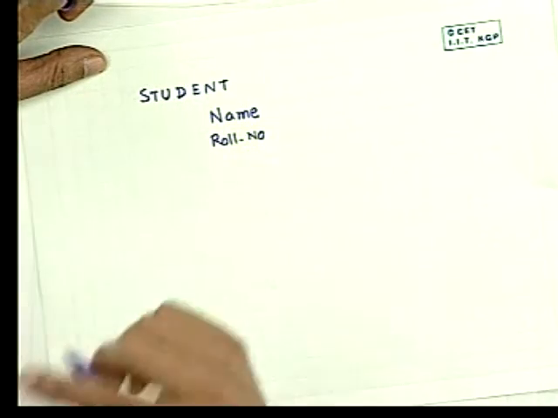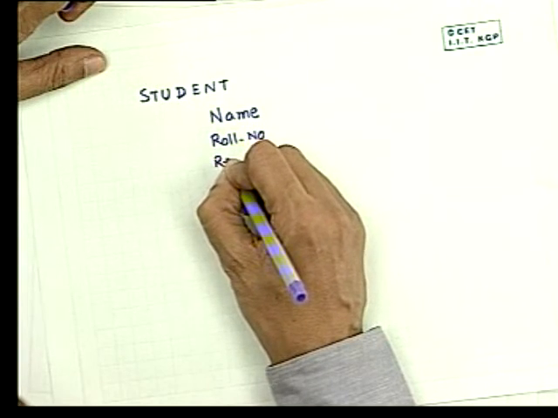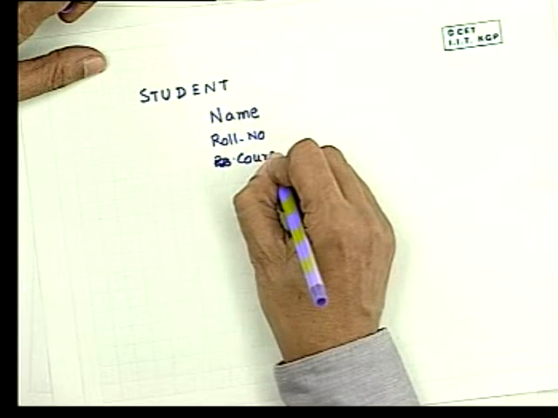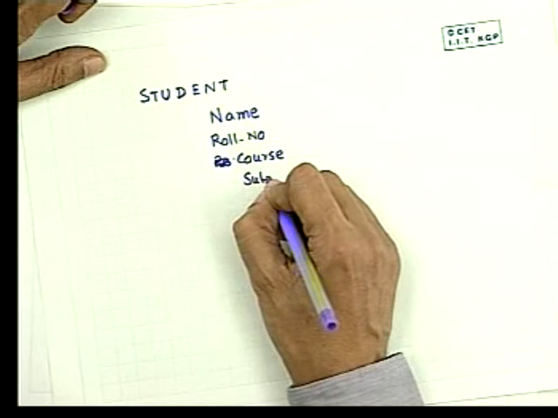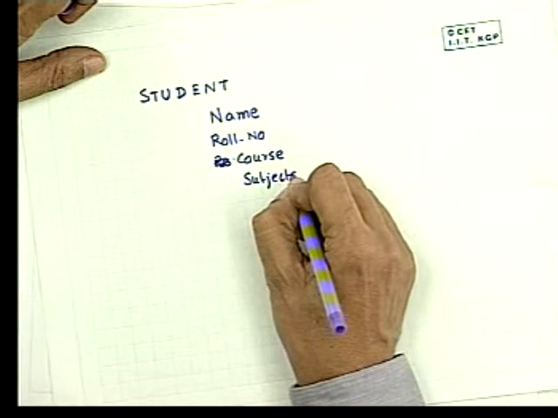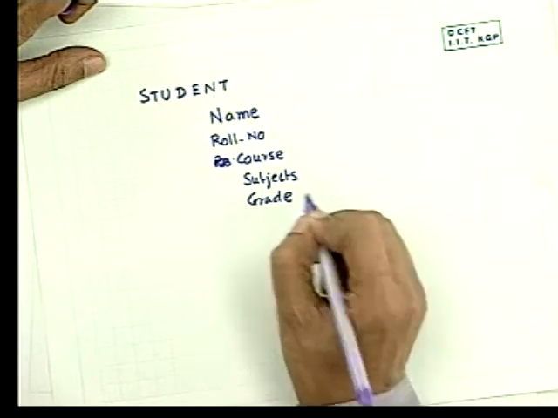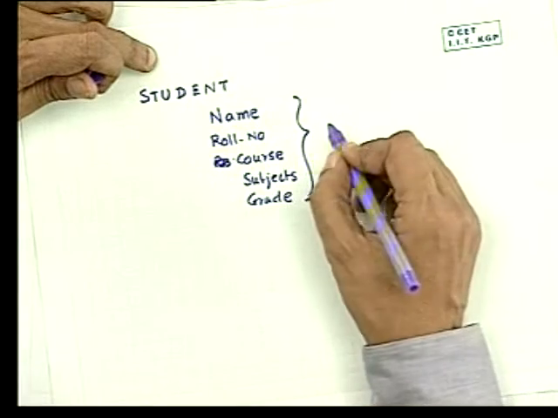Each student is registered into certain courses: the courses the student is registered into, the subjects taken, and the grade obtained in each subject. These are the attributes of a student.